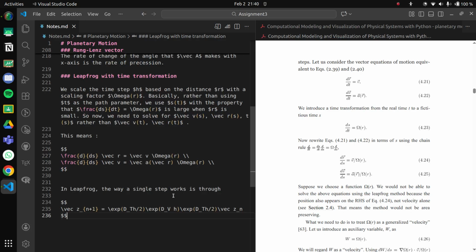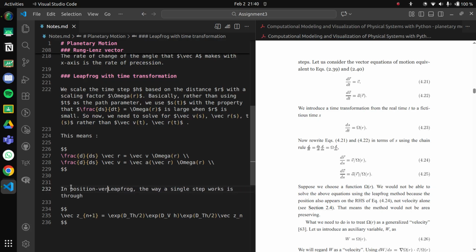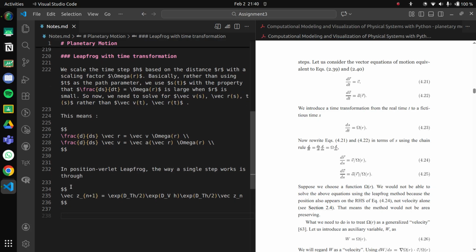So in position worldlet leapfrog is through this thing, and thus we require h to be constant, the time step.